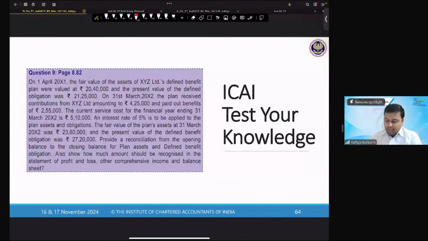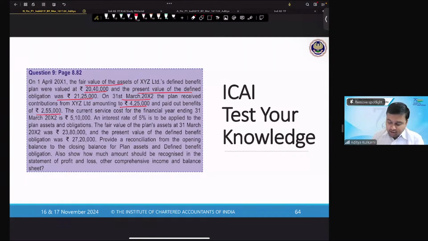Fine. Come to question 9, page 8.82. This is your study module question. On 1st April opening, the fair value of assets is given as 20 lakh 40. Present value of DBO 21 lakh 25. At the year end, the contribution received is 4 lakh 25,000. Paid out benefits 2 lakh 55,000.